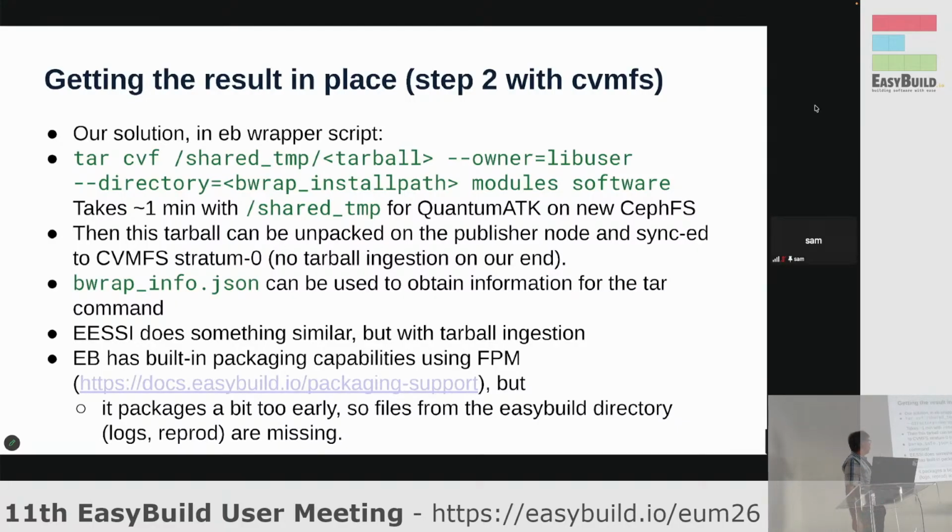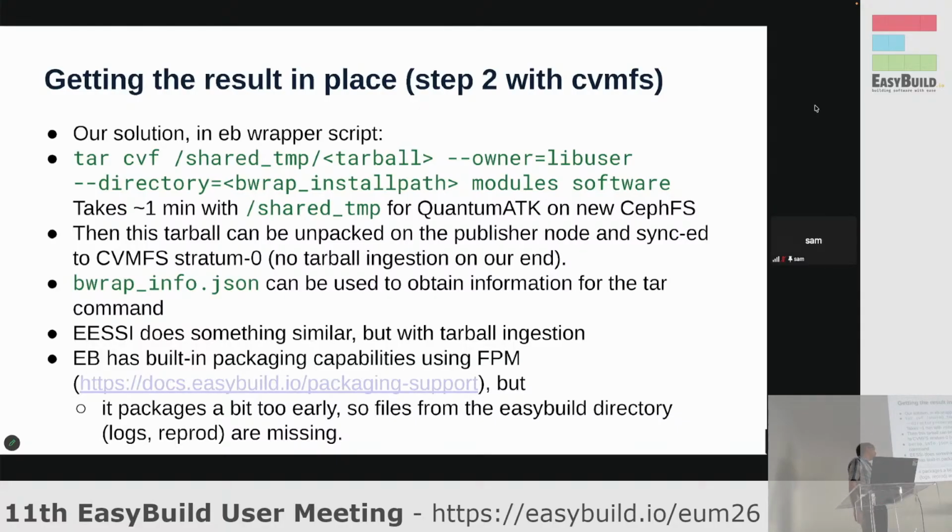Then we sync it to the CVMFS Stratum 0. We could ingest the tarball and just use it directly. This is special CVMFS functionality. We're not using that because that's not really in our workflow, but Easy does that with a tarball. And EasyBuild can also create a tarball itself, in theory, using packaging support.